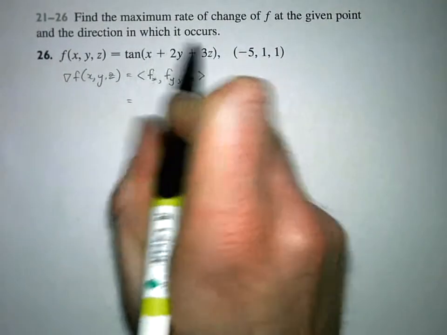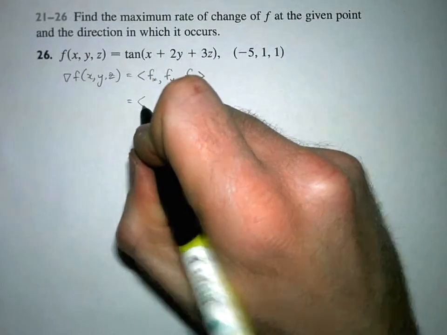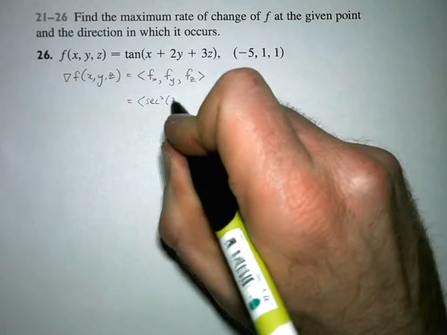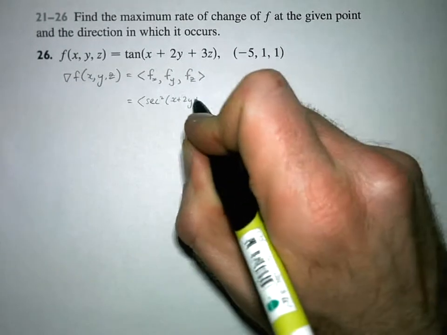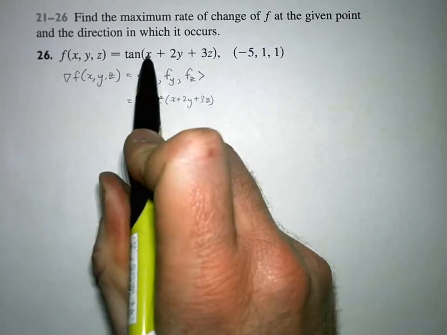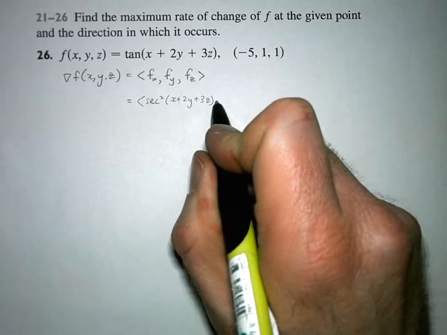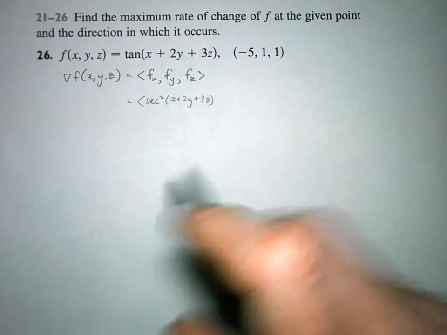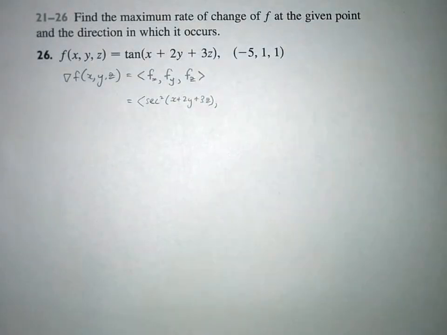Well, it's the tan of a function of x, so we have to differentiate the outer function first. That gives us sec squared of (x plus 2y plus 3z) multiplied by the derivative of the inner function with respect to x. So x just becomes a 1. We multiply by 1 plus, well, this is a constant with respect to x, and this is a constant with respect to x, they both disappear.